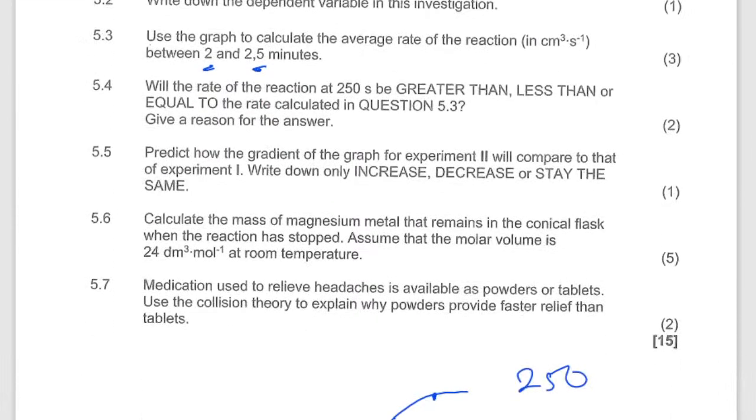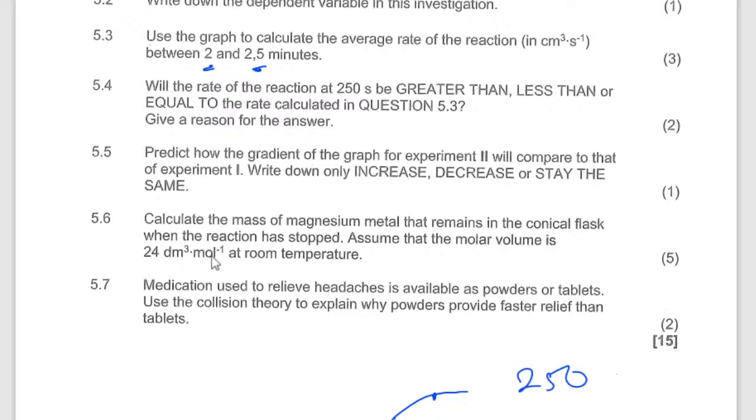And then they're saying, calculate the mass of the magnesium that remained in the conical flask when the reaction has stopped. Assume that the molar volume is 24 decimeter cubed.